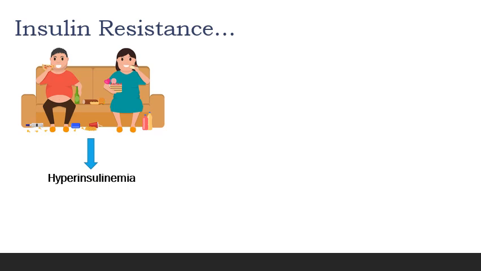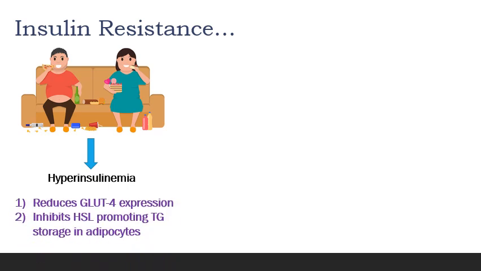Hyperinsulinemia does two things. One, it reduces GLUT4 expression on the cells. Now, insulin is actually the key that mobilizes these transporters. But too much insulin is a bad thing. It does the opposite. This is the state of hyperinsulinemia.